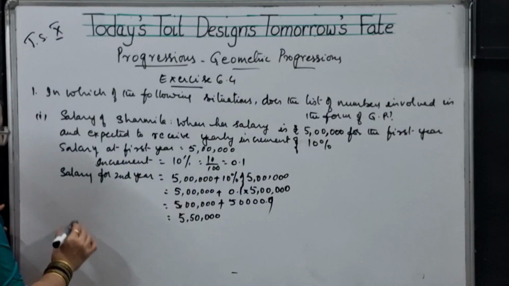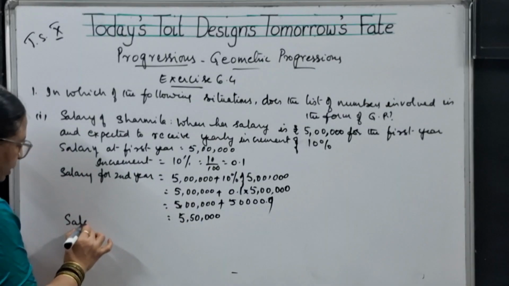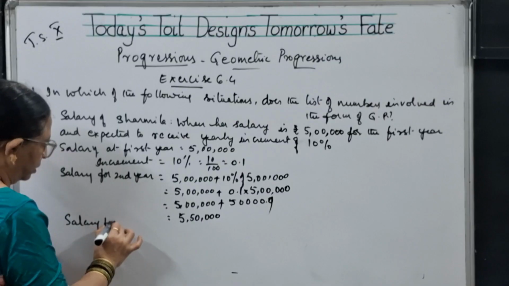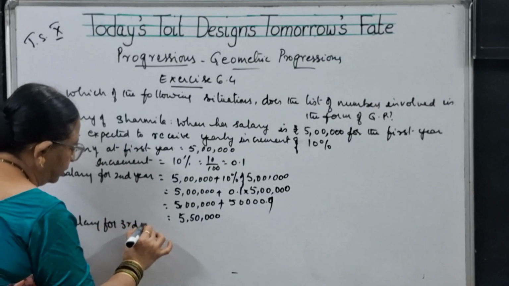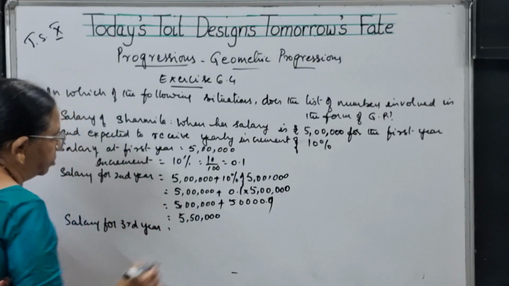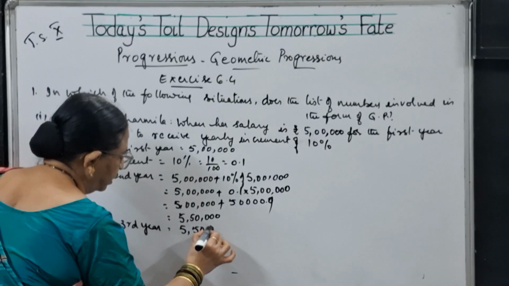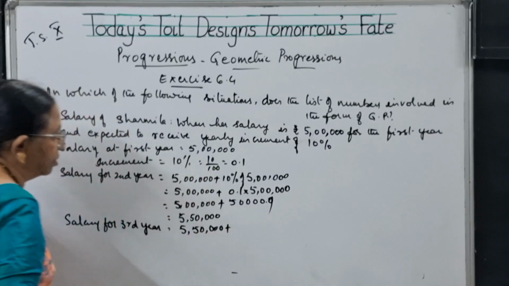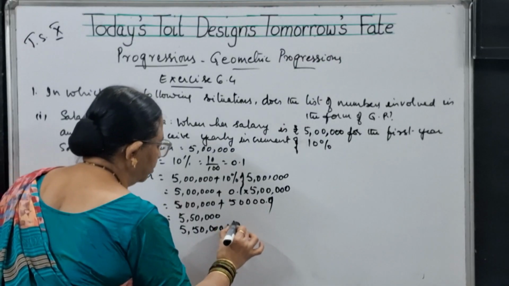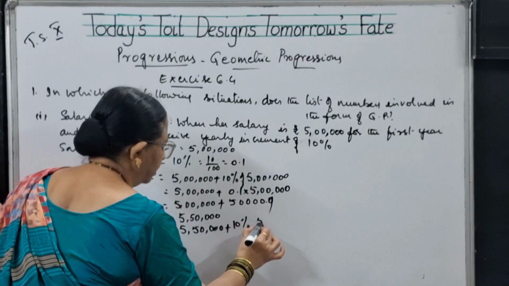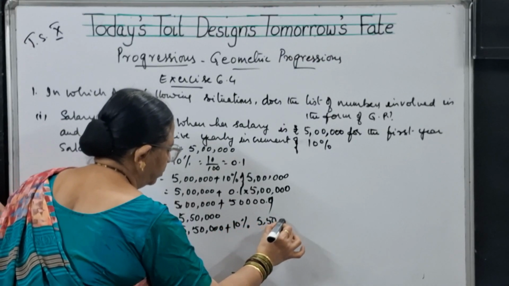Now we need to find out the salary for the third year. Salary for the third year is nothing but the second year salary plus 10% of the second year salary, 5 lakh 50,000.